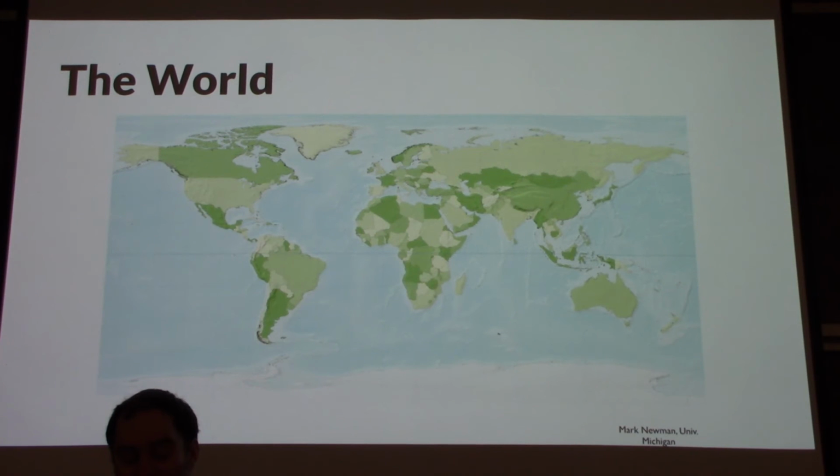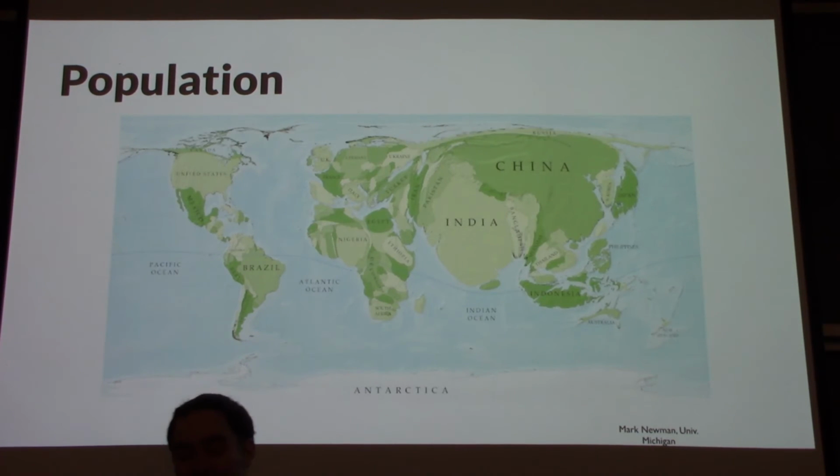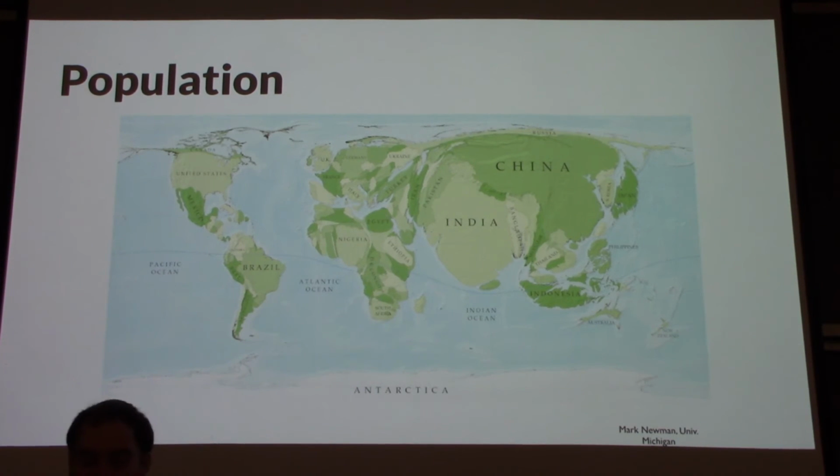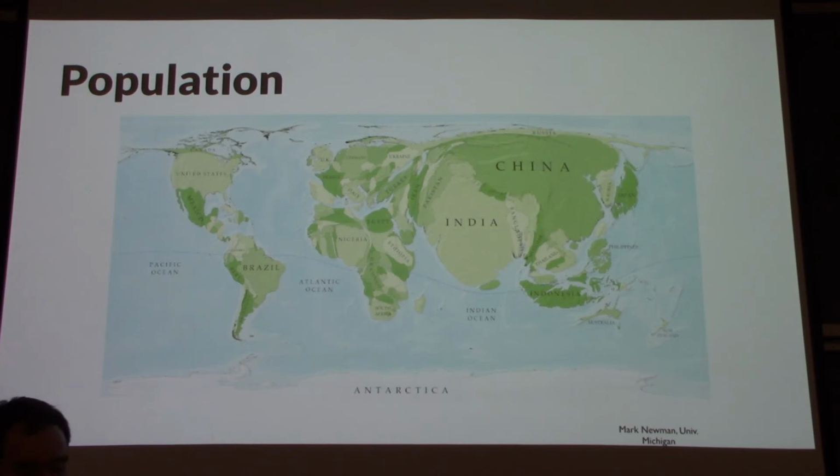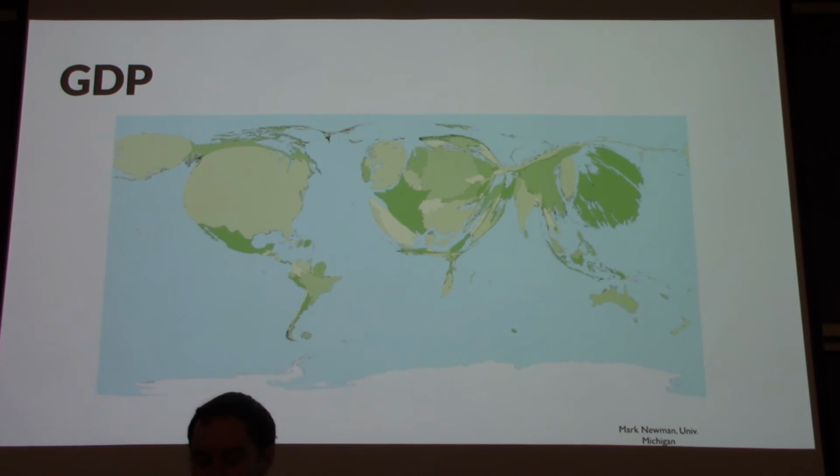This would be a regular world map. This would be a cartogram scaled by population. You can see that Canada essentially vanishes, whereas China and India are, of course, really big. By GDP, this one might get a little hard to read, especially if you want to locate a country in Africa.